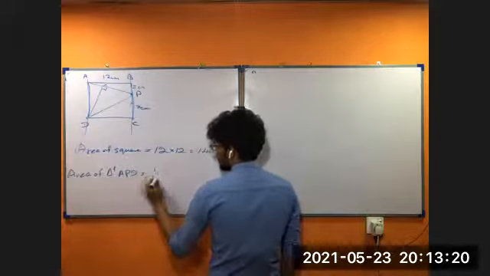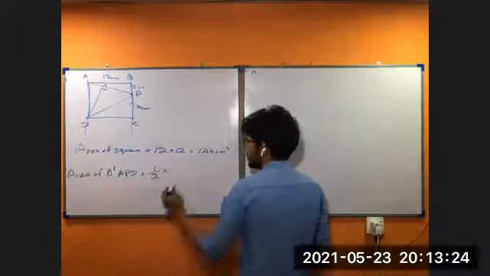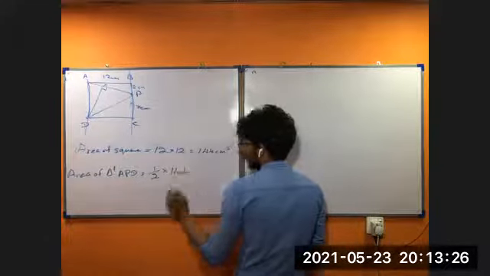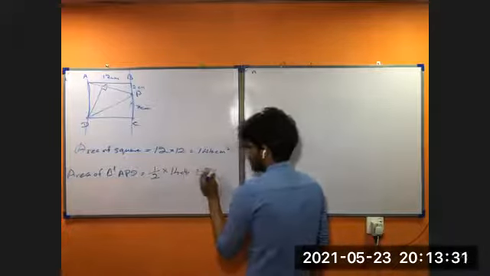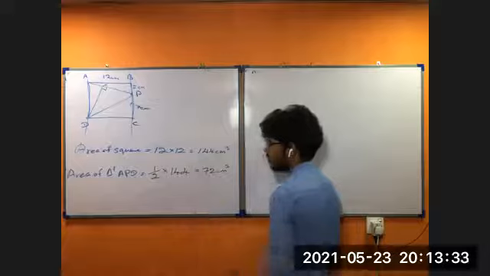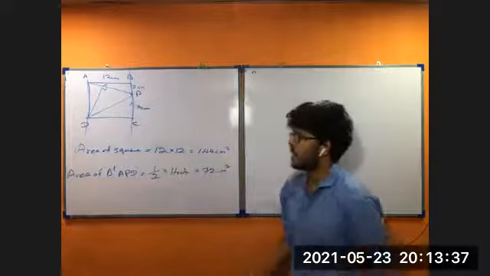Half into the area of this parallelogram ABCD, which is half into 144, which is 72 centimeters squared.